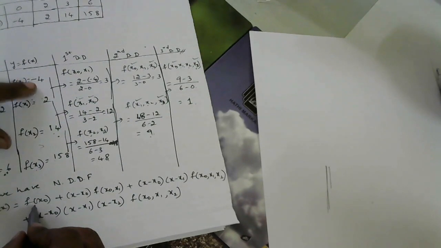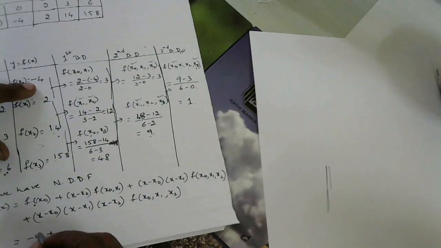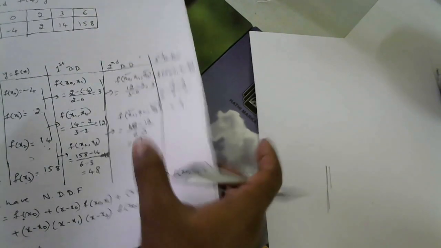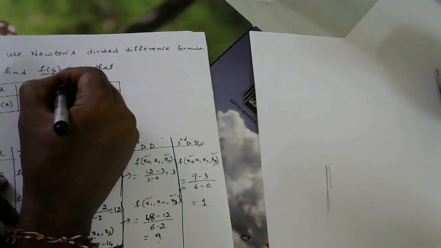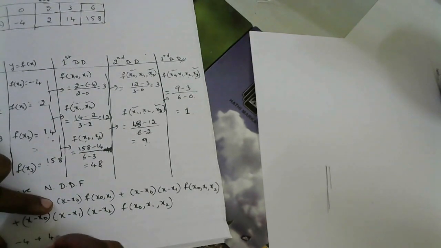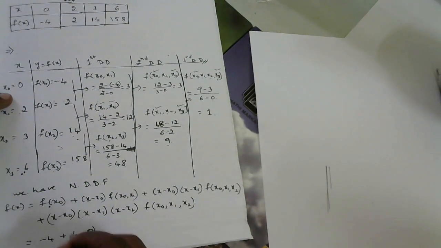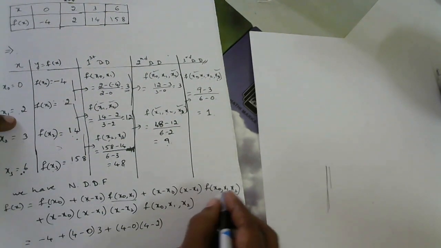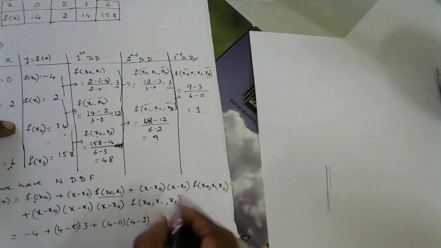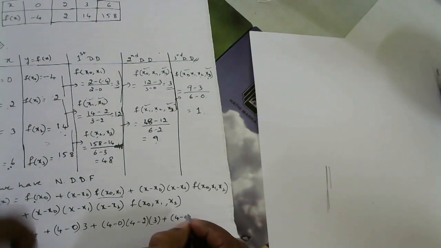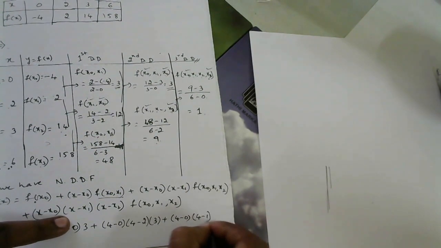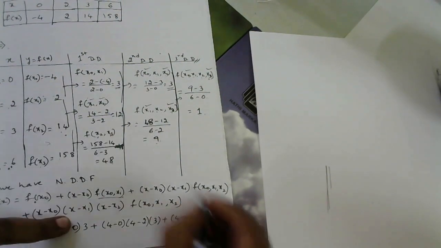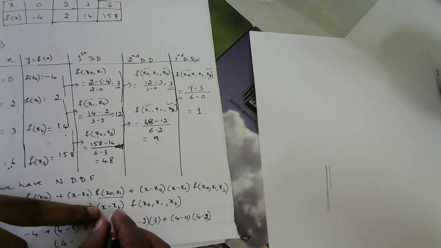We know f of x naught is minus 4. They have asked us to find f of 4, so x is equal to 4. x minus x naught value is 0 into f of x naught comma x1 value, which is 3, plus 4 minus 0 into 4 minus x1, which is 2, into f of x naught, x1, x2, which is 3 again, plus 4 minus 0 into 4 minus 2 into 4 minus x2, which is 3, into f of x naught, x1, x2, x3, which is 1.